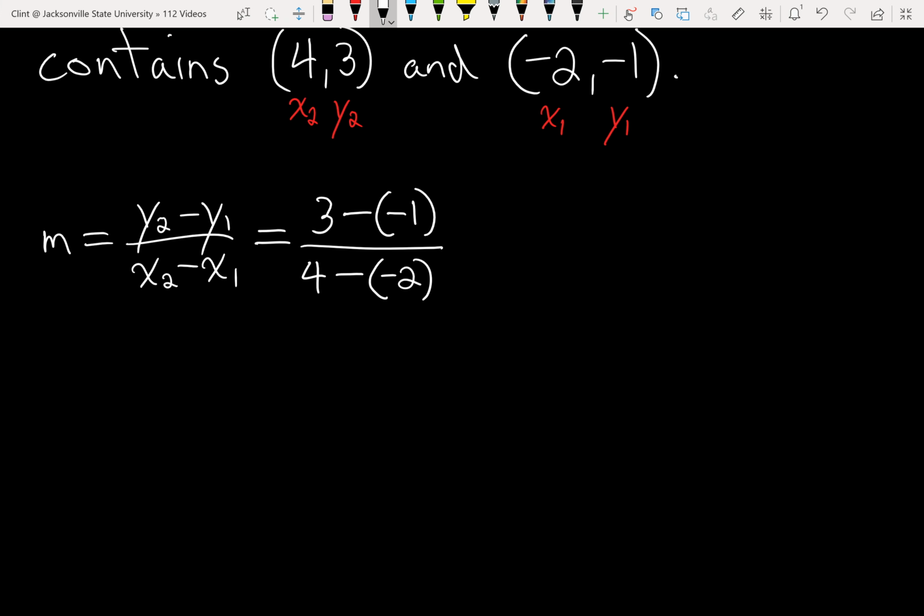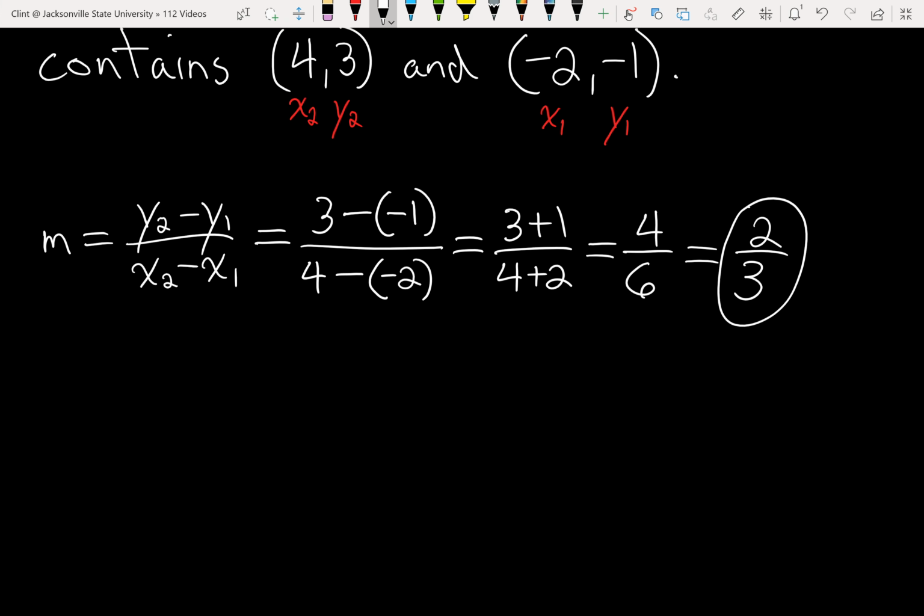So again, you have to be careful with the signs there. And then here, the double negatives turn into 3 plus 1 and 4 plus 2. And we do get the same thing. We get 4 over 6, which is 2 over 3. But just be careful with those signs, because since we have the minus sign in the formula, anytime we have a negative number after that, you have to take care of the double minus signs.